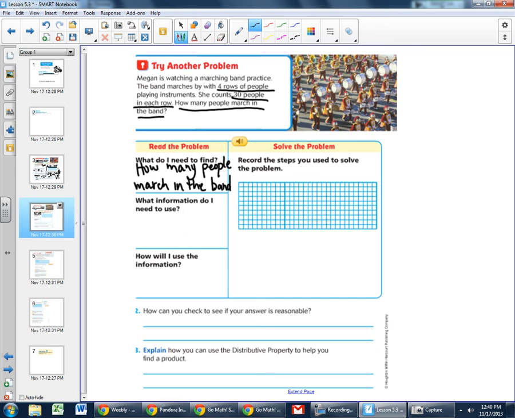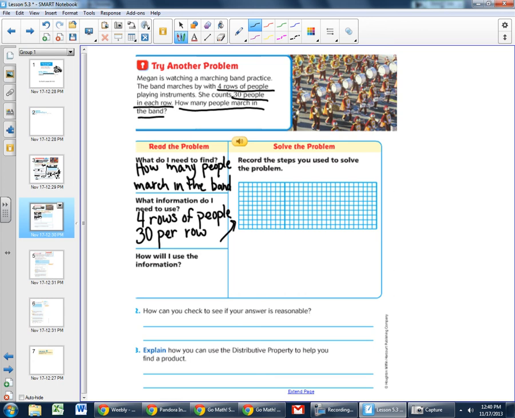What information do I need? We need the 4 rows of people. And we also need to know how many were in each row. 30 per row. So how will I use the information? It looks like they gave us a diagram here.